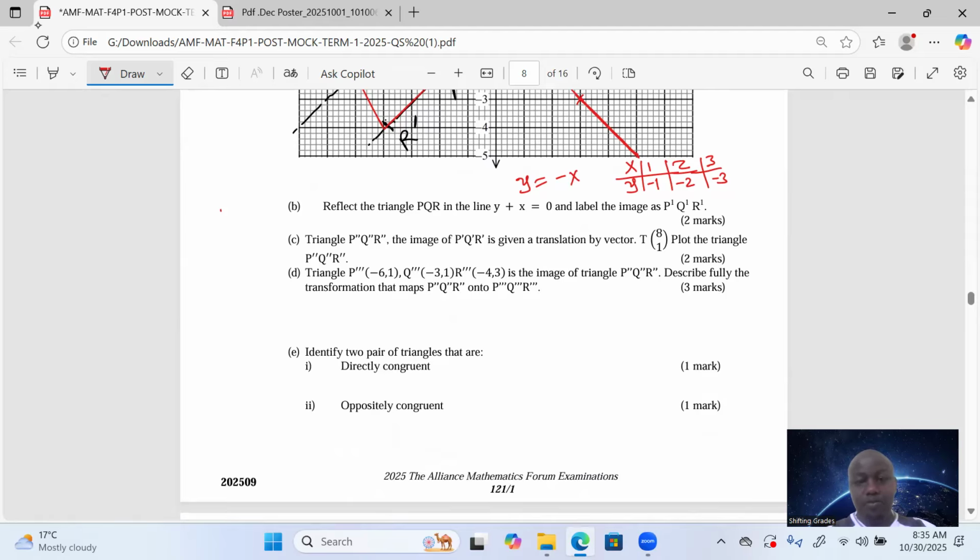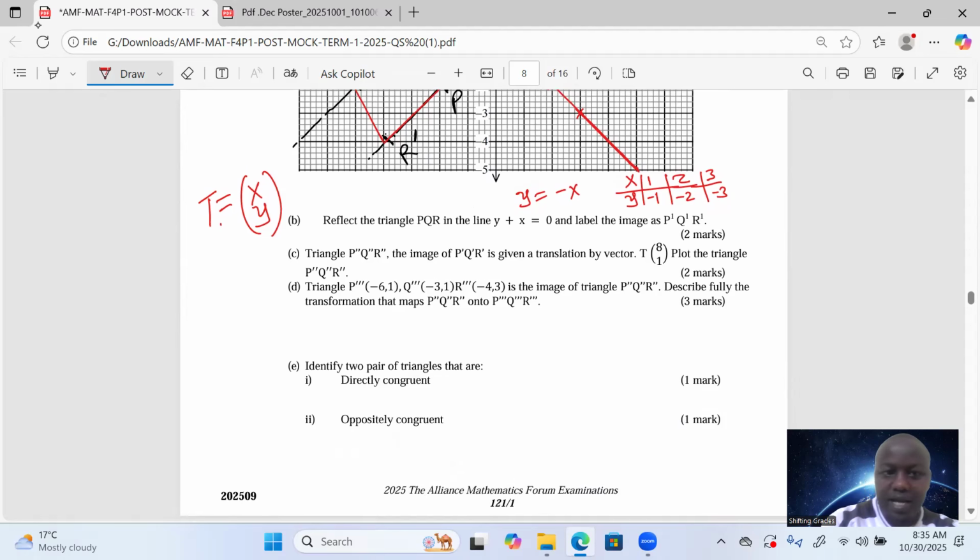So let's now check out. When you are given a translation vector (X, Y) generally, you are supposed to move X units along the X-axis and Y units along the Y-axis.